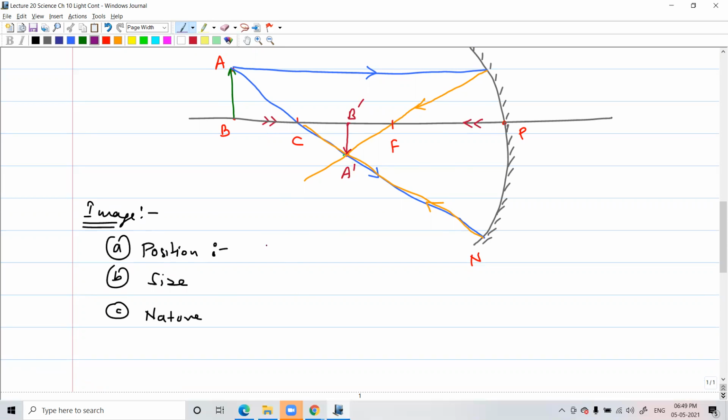Between C and F. Yes, the image will be between the center of curvature and the focus. What about the size? Just by looking at this rough diagram, it might give you some sense whether it is smaller than the object or bigger. What do you think? Smaller, sir. Yes, it is smaller than the object.